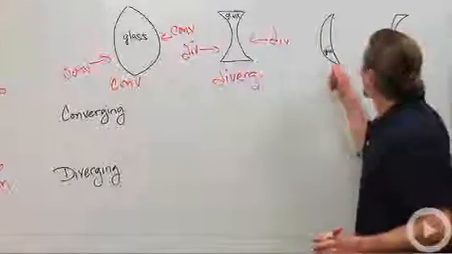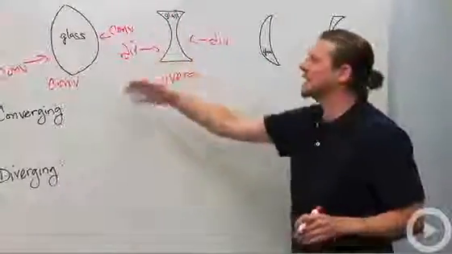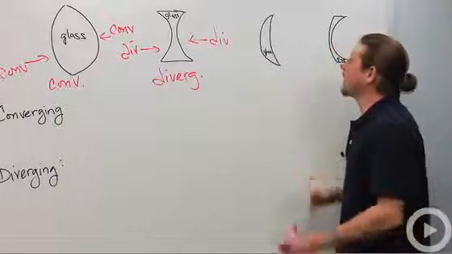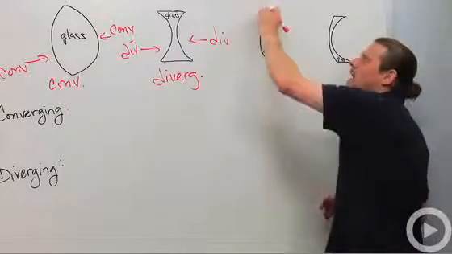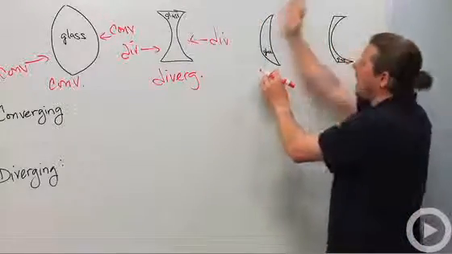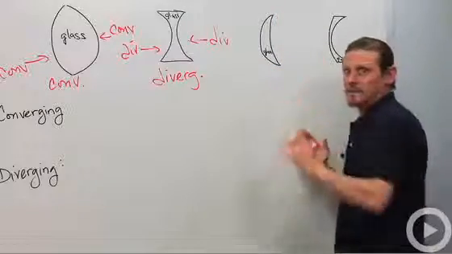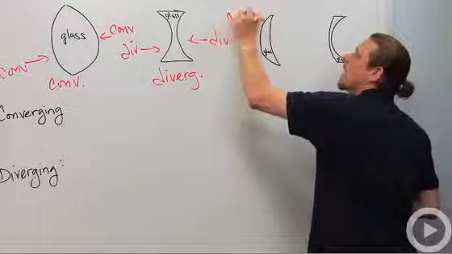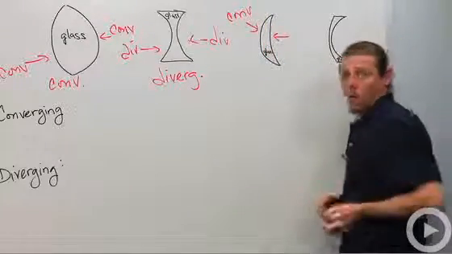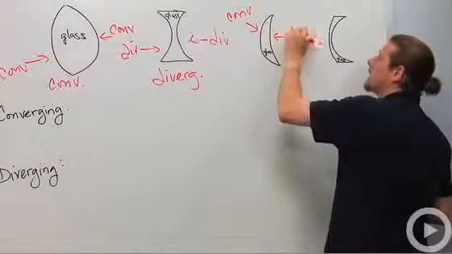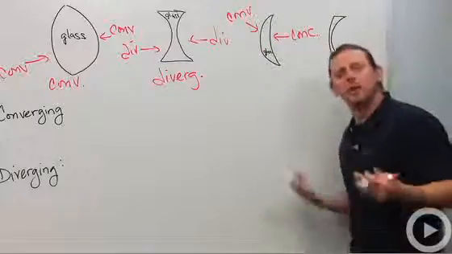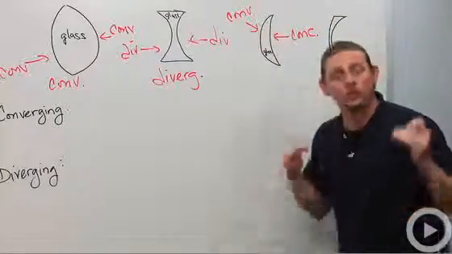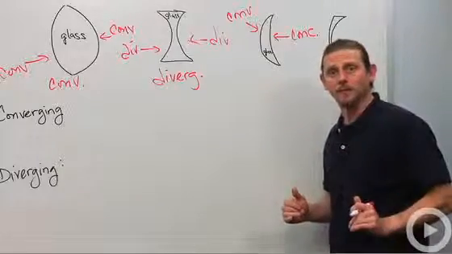All right? What about here? So these were easy because it was convex, convex, concave, concave. What about here? On this side, it's convex, but on this side, it's concave. So we need to know whether this lens will ultimately converge or diverge light.